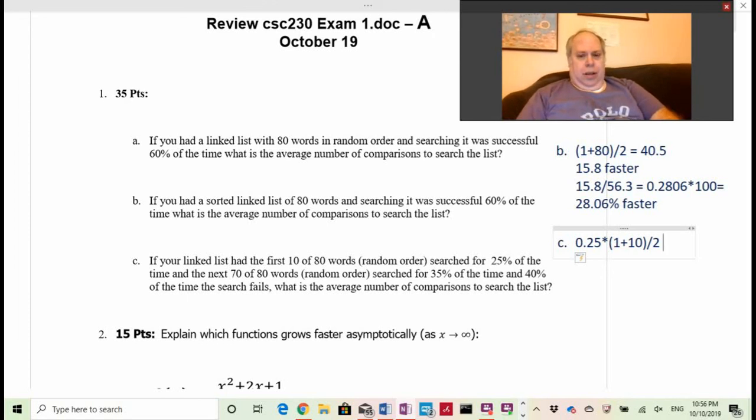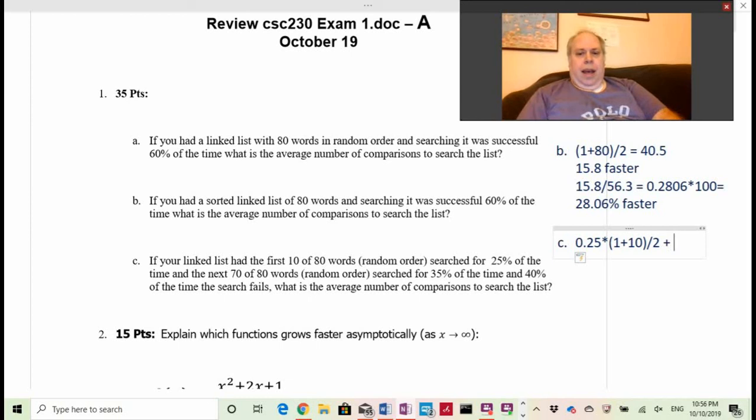Now the next 70 are 35% of the time. Those will be positions 11 onward, so you'll have to do 11, 12, 13, 14, 15, up to 80 searches.